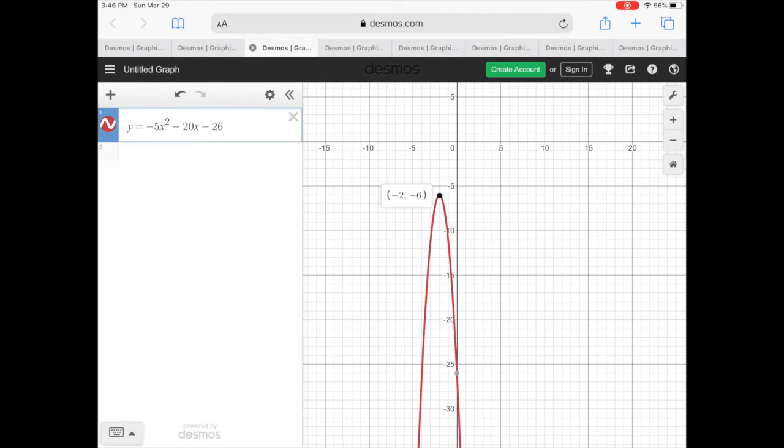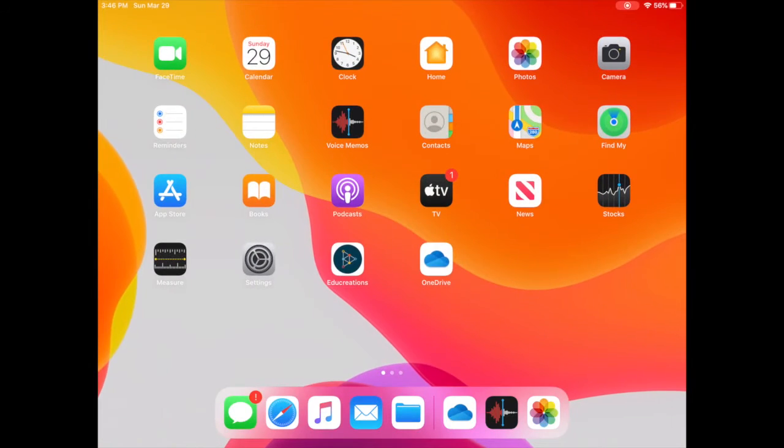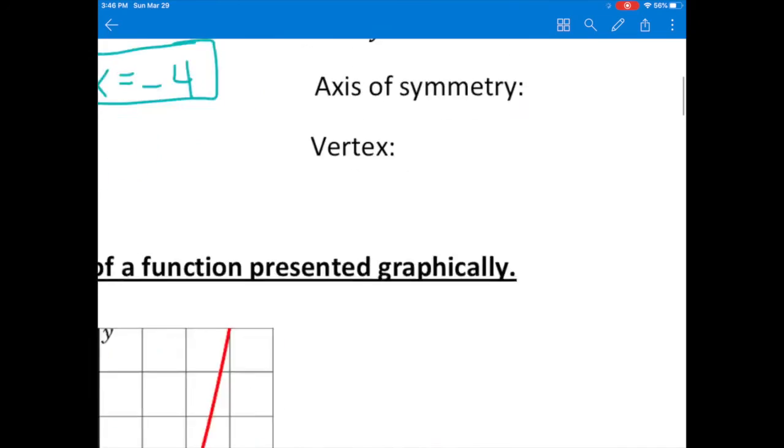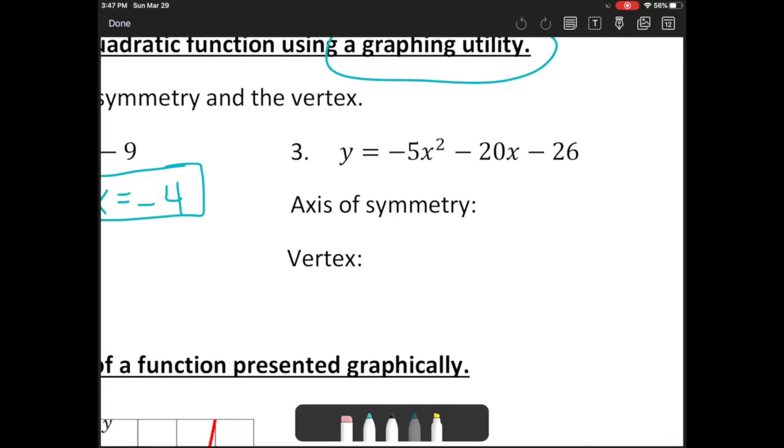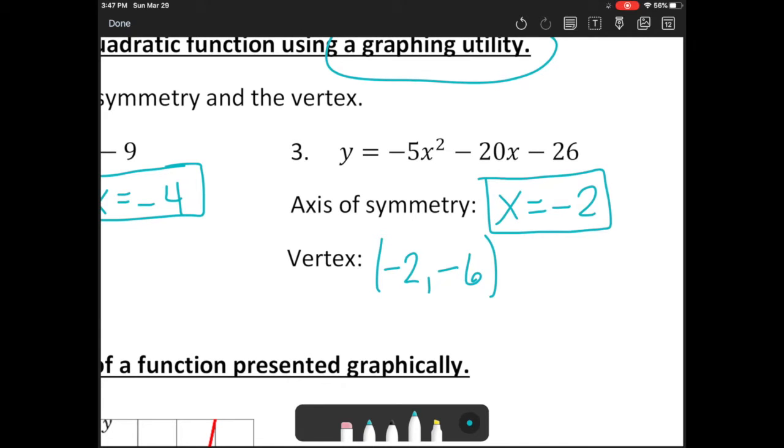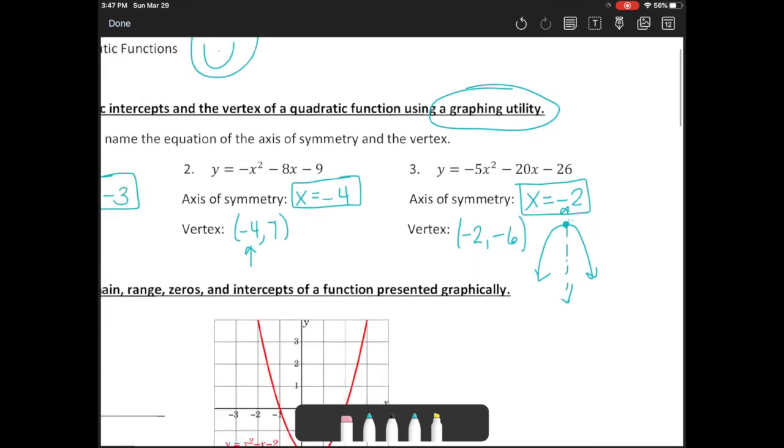There's our vertex, negative 2, negative 6. So we're going to come back here. Which means our axis of symmetry is x equals negative 2. It is the vertical line that goes through the vertex, okay? And since this x value is negative 2, it's x equals negative 2. All right, that part is easy enough.